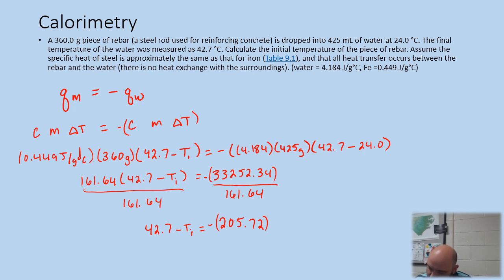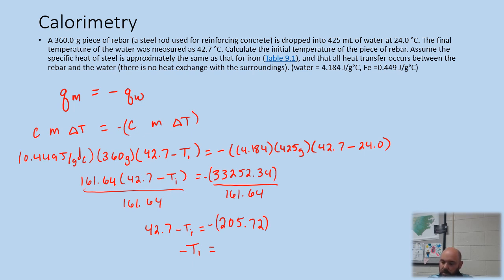So if I add 42.7 to both sides, negative Ti is equal to, subtract 42.7 from both sides.